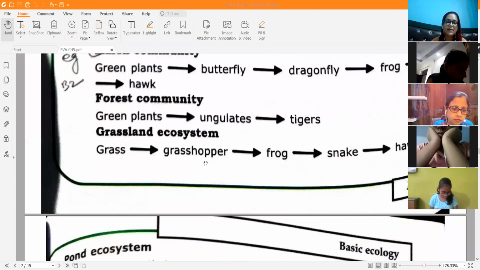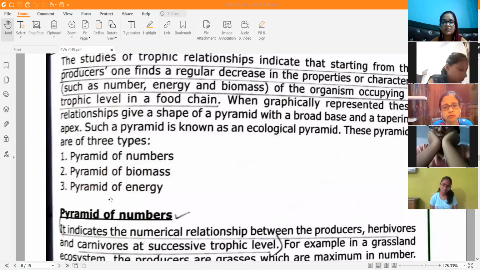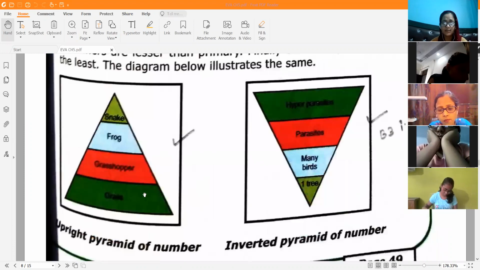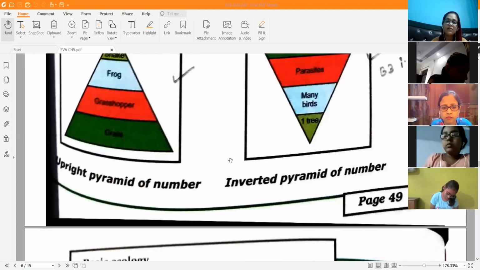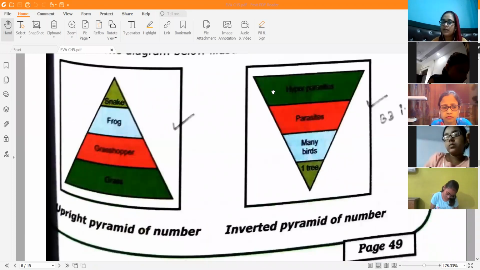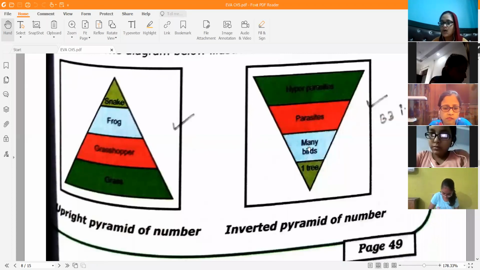Then we did certain examples, and then finally the ecological pyramids, pyramid of numbers. As we move up the level, the number of organisms present in each level decreases, right? Sometimes we also get an inverted pyramid when we talk about one thing supporting the life of many other organisms. Like one tree has many birds living on it.